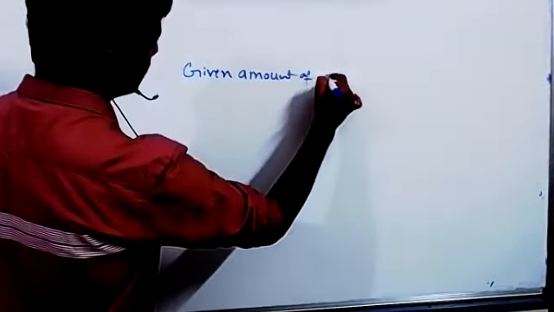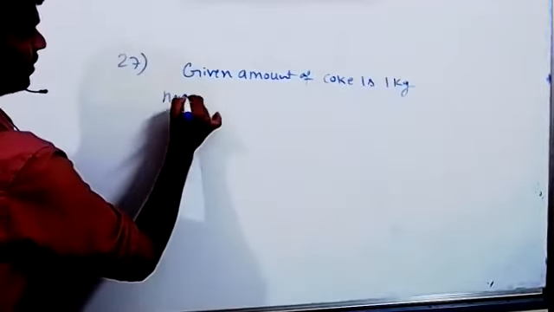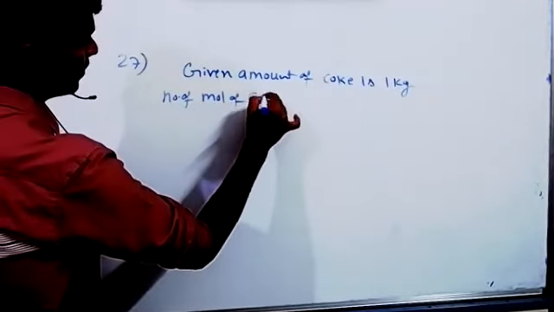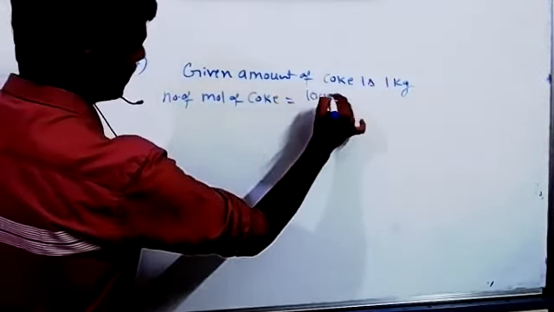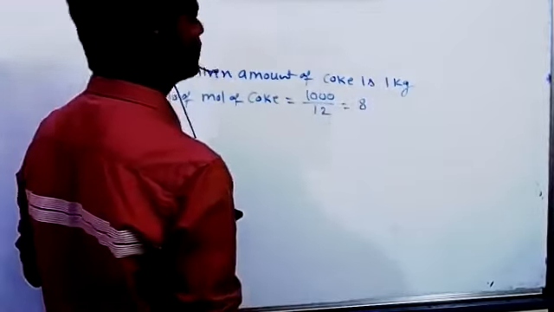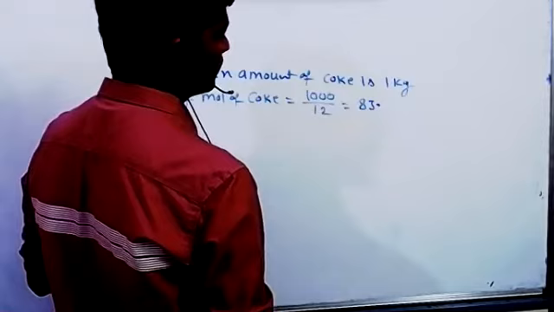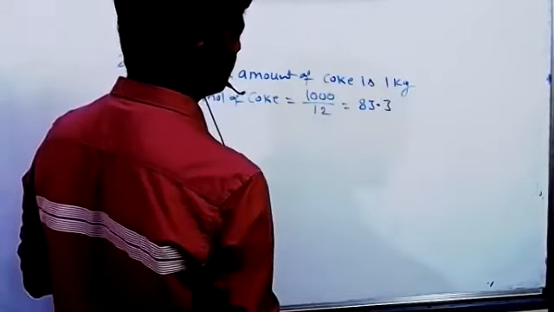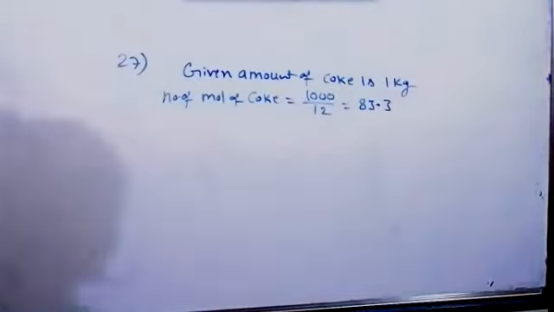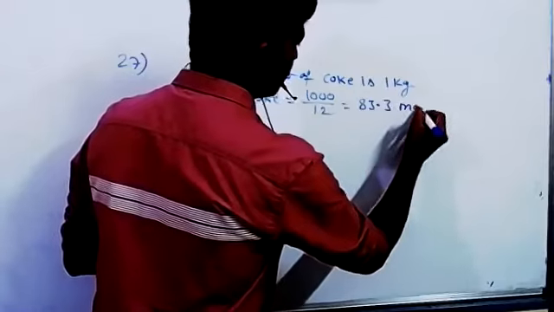Given amount of coke is 1 kg. Number of moles of coke equals 1000 by the atomic mass of carbon, which is 12 only, so 83.3 moles of coke.